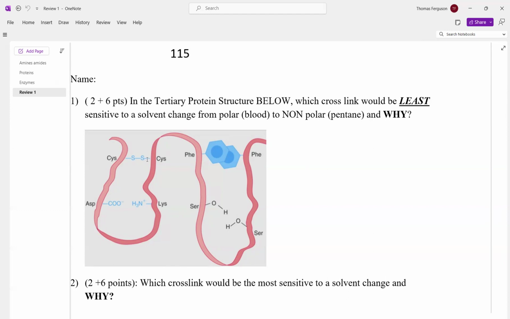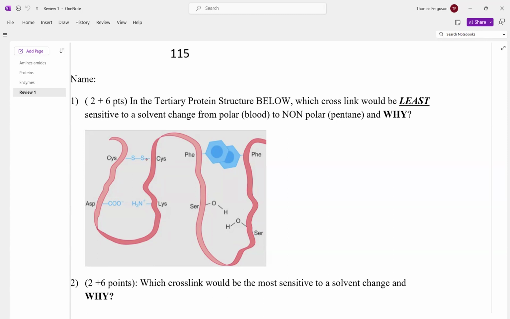Going back to Tuesday, we talked about when proteins fold, there are crosslinks that determine the shape of the resultant protein. There are four different strengths of the crosslinks.